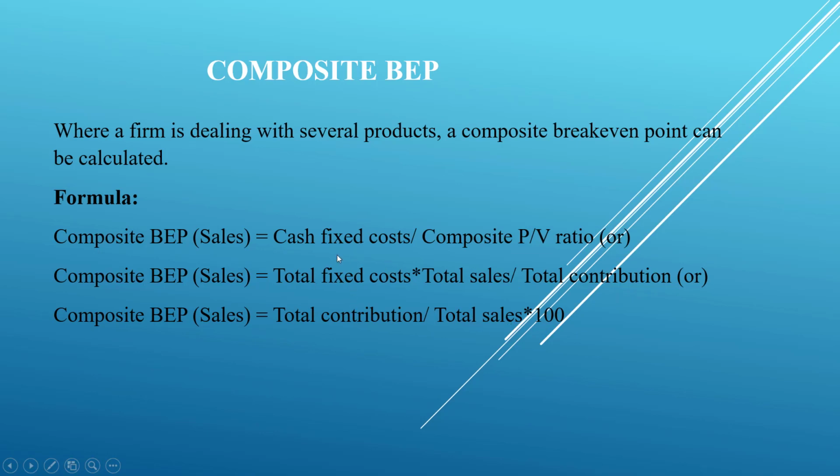So these are the three formulas used for calculating the composite BEP. It will depend on the question which particular formula you are going to use. Always try to remember all the formulas. It will be better for you, so that you can apply the formula according to the question as it is given.